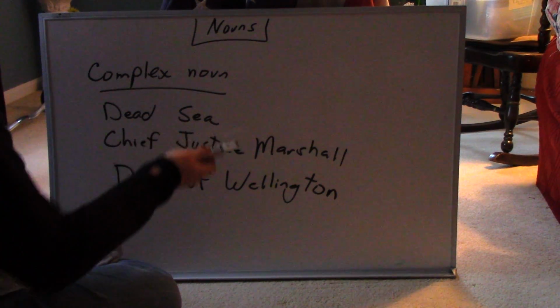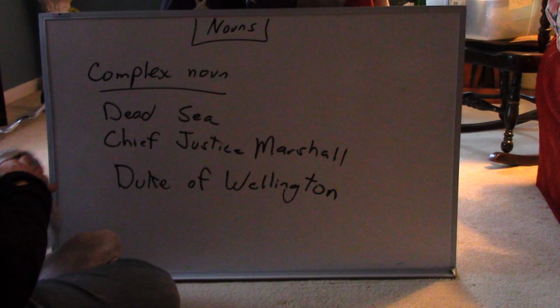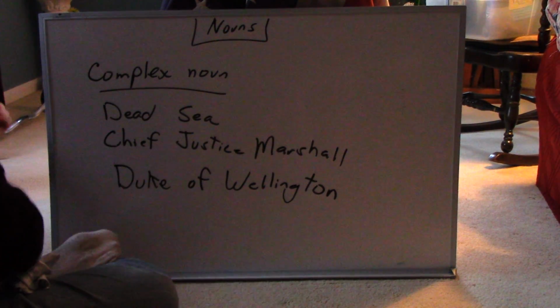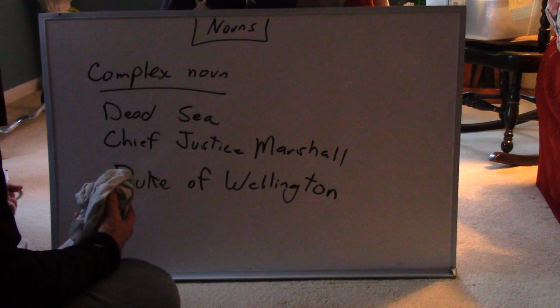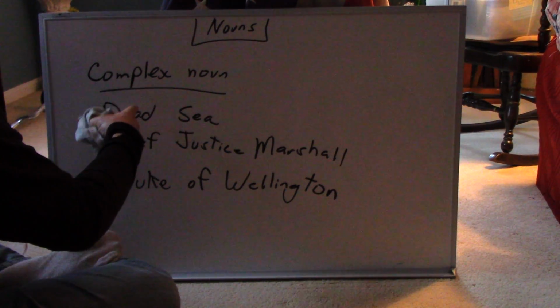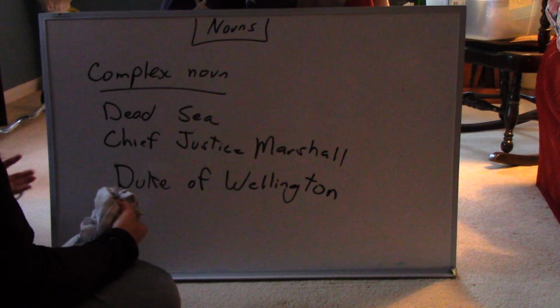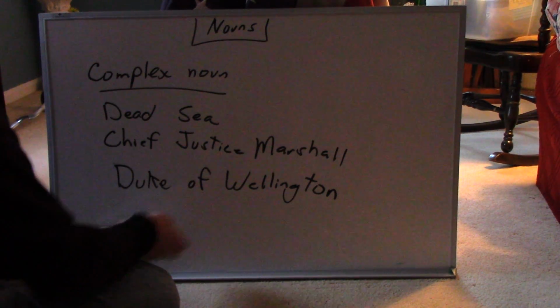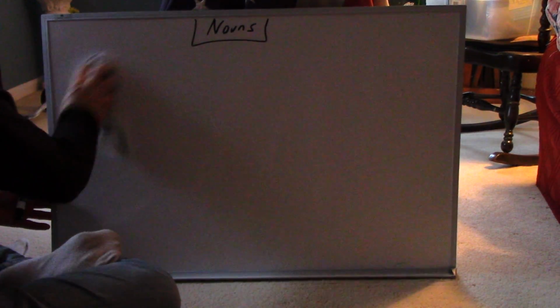And Dead Sea is a sea in the Middle East, in Palestine, present-day Israel. So it's a specific place. But, you know, it's the Dead Sea. So it's two words. And then Chief Justice Marshall, again, is a guy, and so is Duke of Wellington. So it's a complex noun. It's more than one word to name that noun.